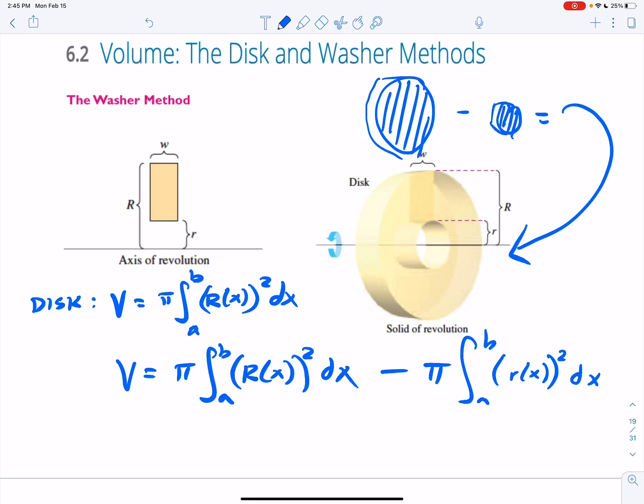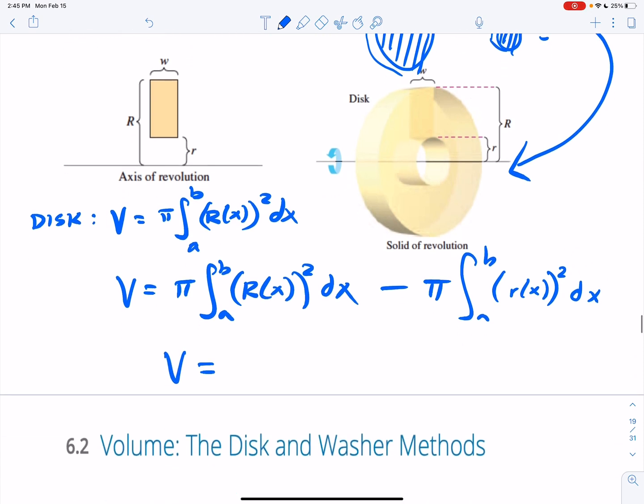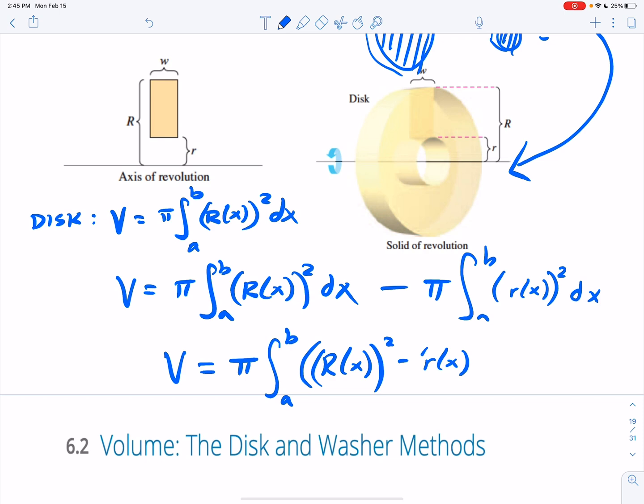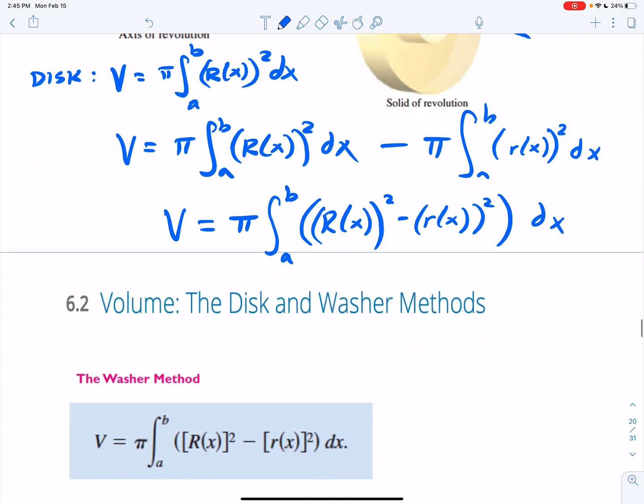So we could simplify this here. Since they have the same coefficient pi and the same integral from a to b, we could combine these two. This is really pi integral from a to b of R of x squared minus little r of x squared dx. And here's your next formula.